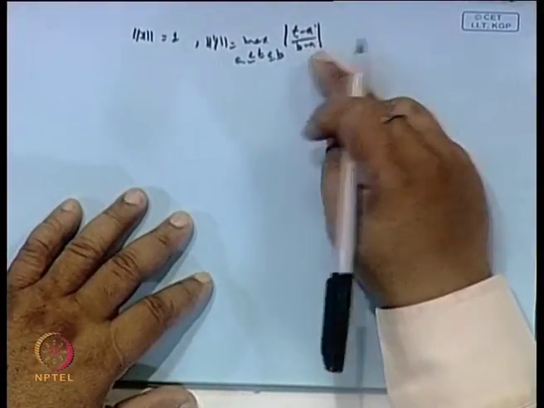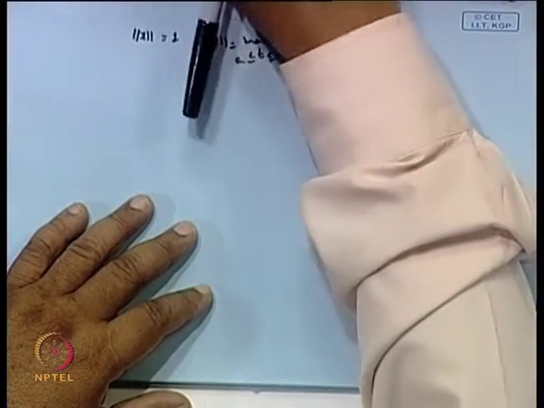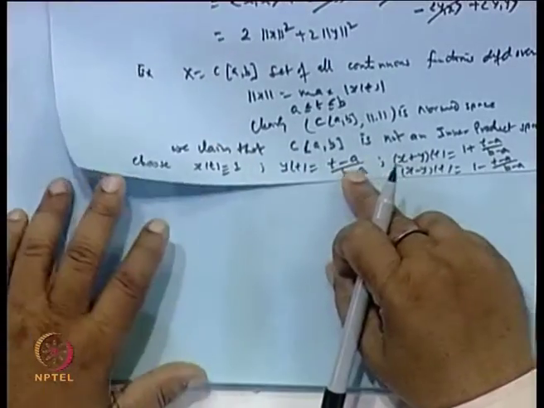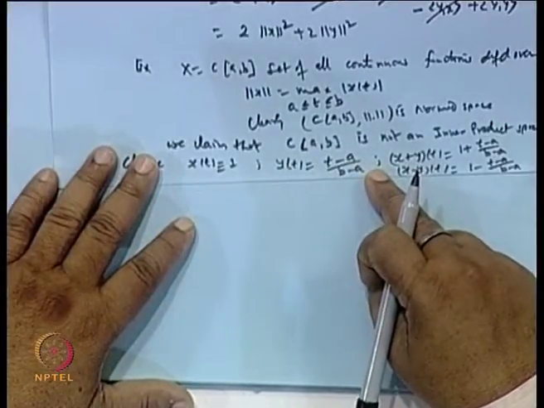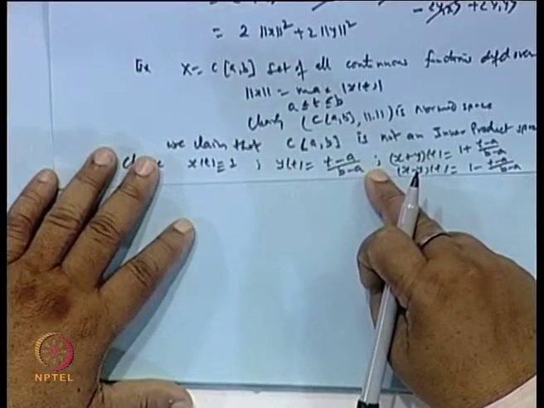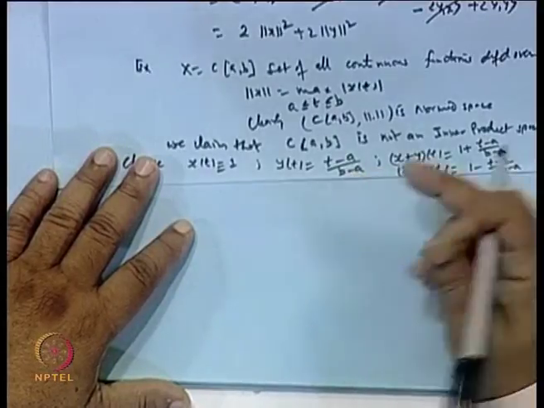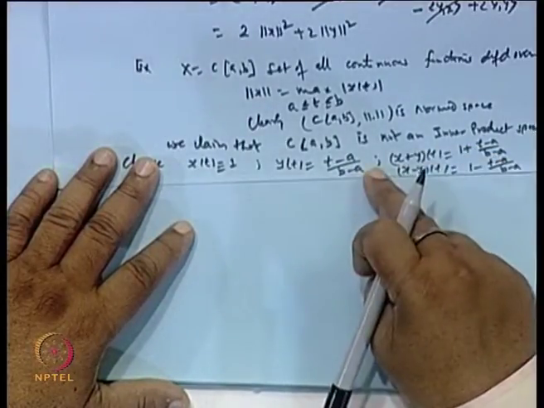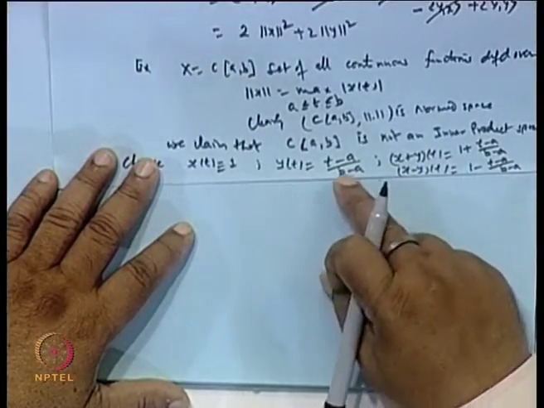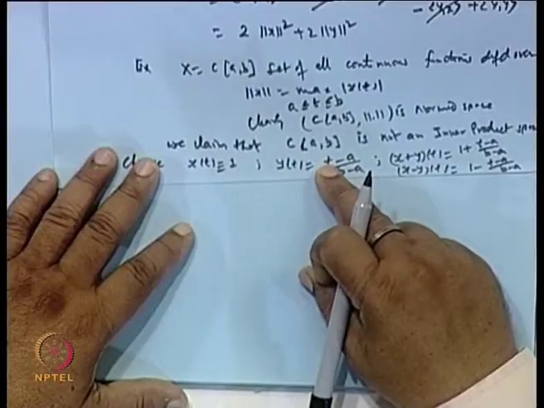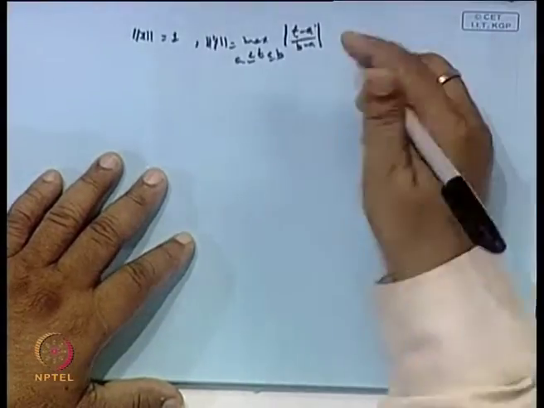If I differentiate y, y prime of t comes out to be 1 upon (b minus a), which is positive. So, the derivative is greater than 0, and the function is an increasing function. It means its maximum value will be attained at the point t equal to b, and the maximum value will be 1.